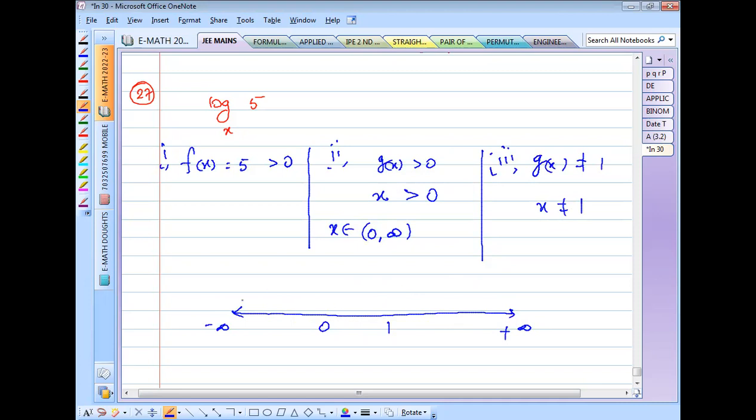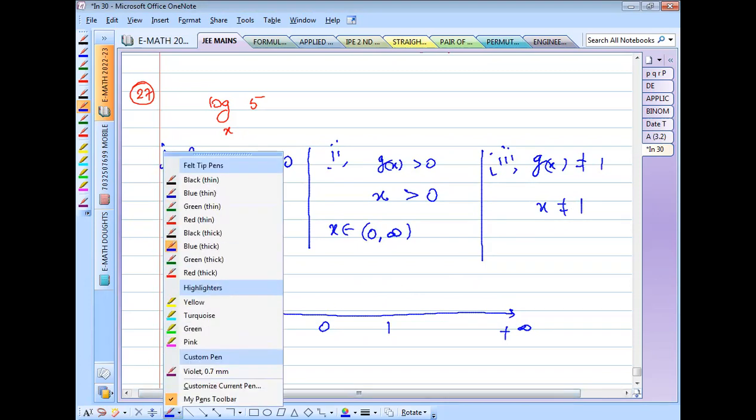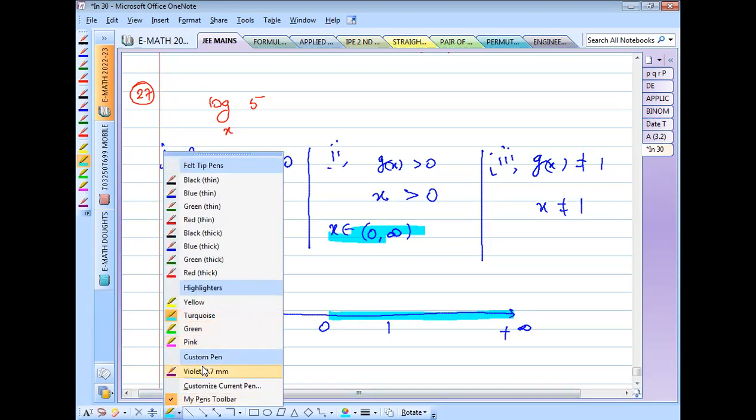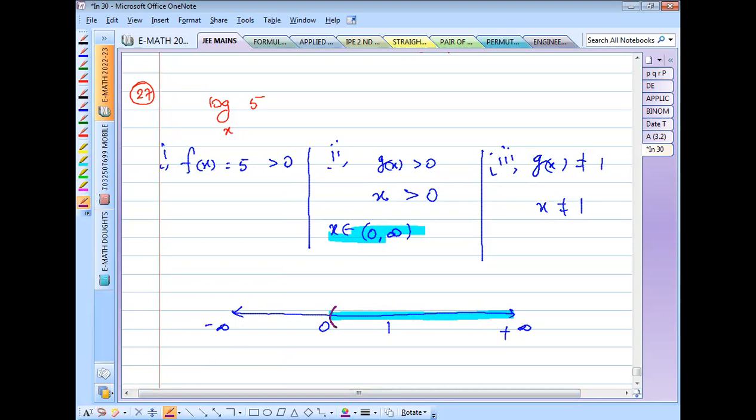And the first value, according to the second inequality, says from 0 onwards you can take any value up to infinity. That means you should take the open interval there, like this. From the open interval you can access any value up to infinity. But this inequality says x is not equal to 1.